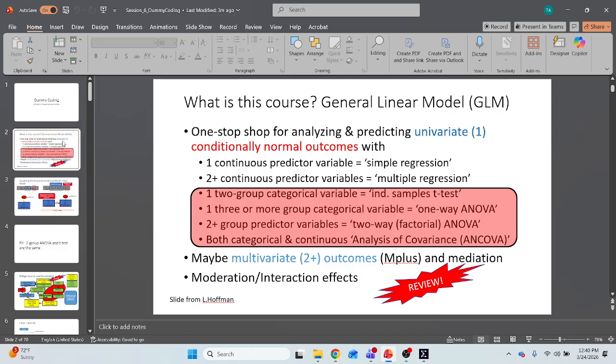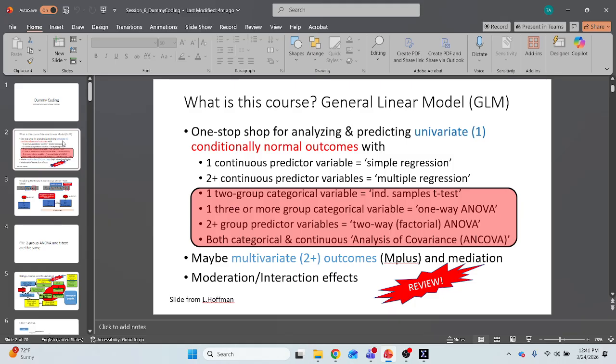Because GLM is this unifying way of thinking about data analysis, right? You're probably familiar with the independent samples t-test, with one-way ANOVA, and with two-way ANOVA, because these are the things that Dr. Solosky has taught you. What we're going to do is say we don't have to use these things because we can do all of them in GLM.